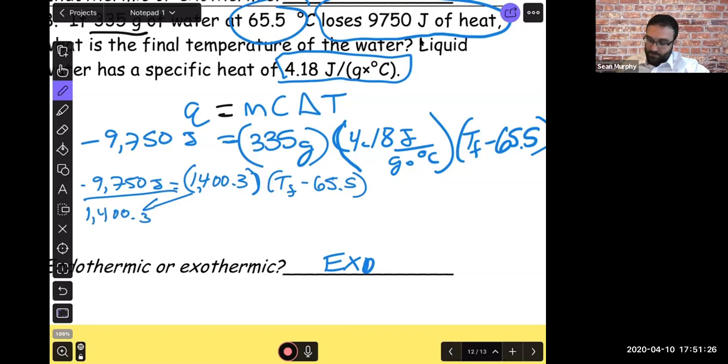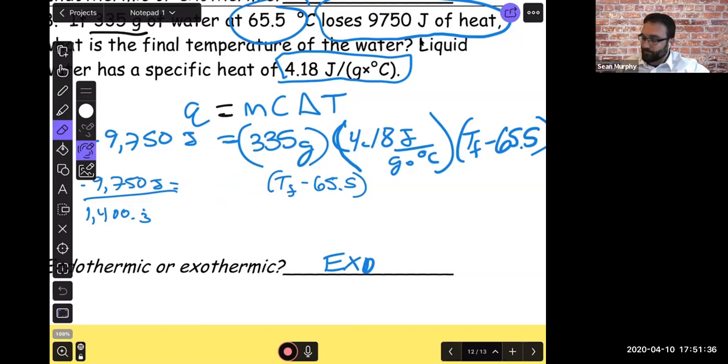And since I moved it there, I can erase it over here. I'm going to run out of space here. So let's flip our equation just because I like the variable on the left-hand side.